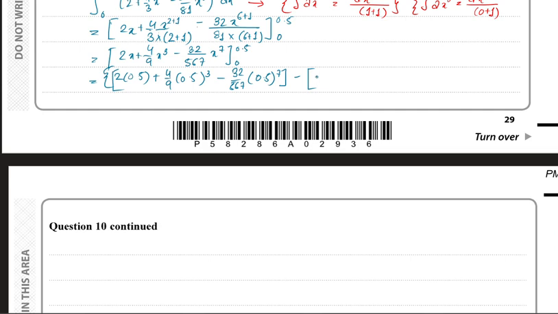So this would be 2 multiplied by 0, plus 4 by 9 times 0 to the power 3, minus 32 by 567 times 0 to the power 7.